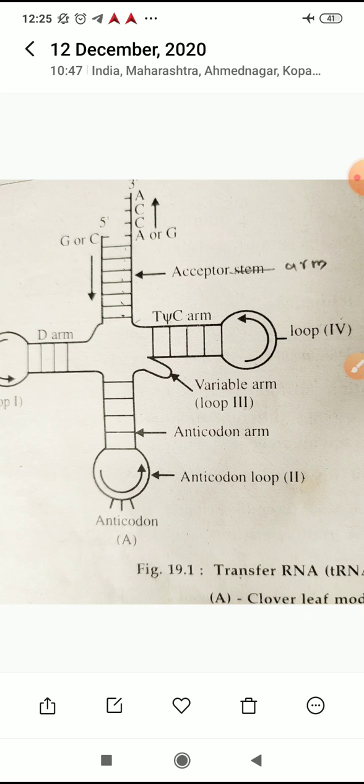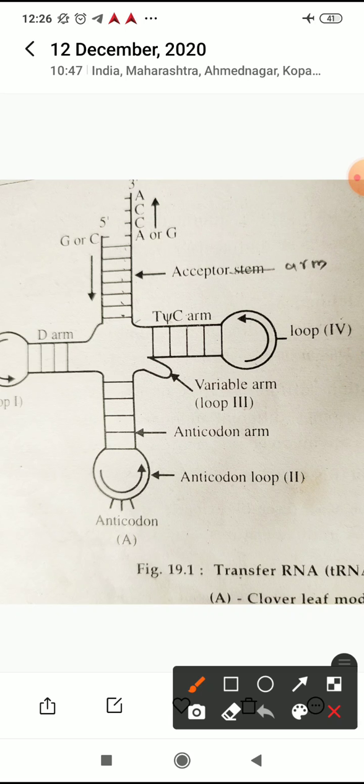This clover leaf model of tRNA is folded upon itself, resulting in 5' end and 3' end of chain which come near to each other because of the self-folding.